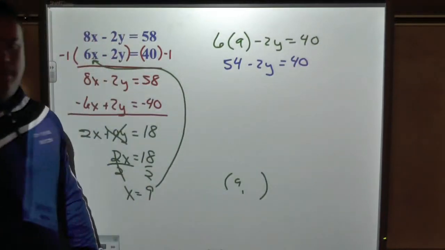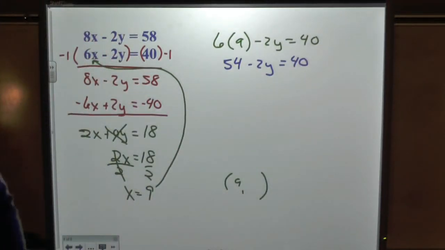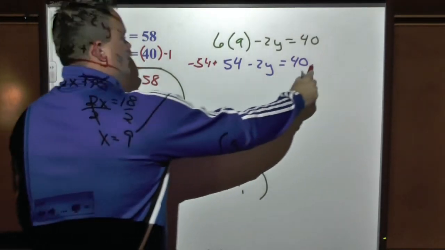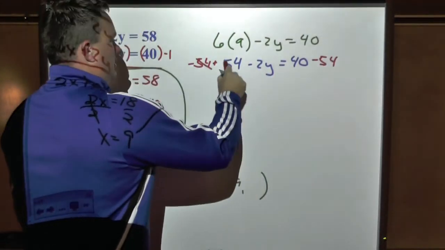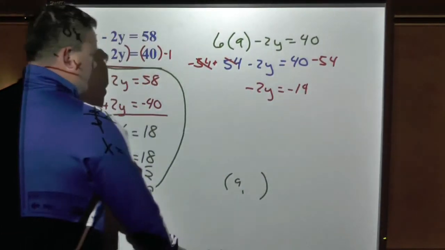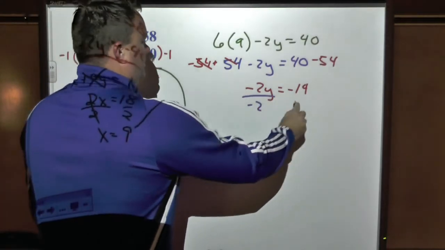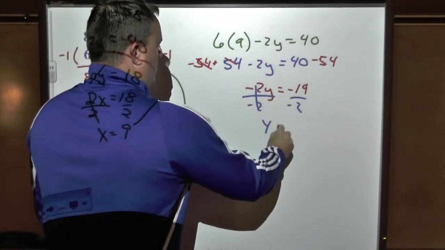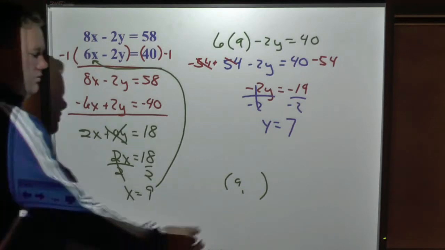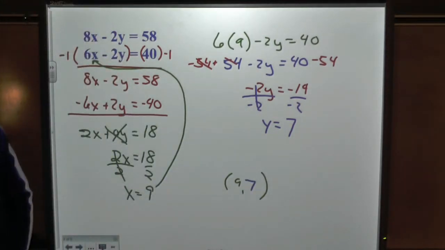Right. From there, two-step equation. Add negative 54 to both sides. That's 0, so you get negative 2y is equal to negative 14. Then divide both sides by negative 2. Y equals positive 7. So these two lines would intersect at the point 9, 7.